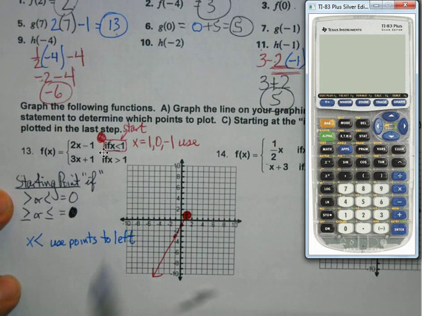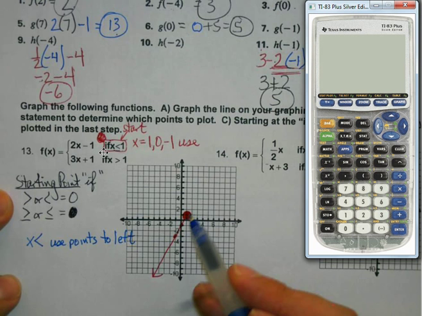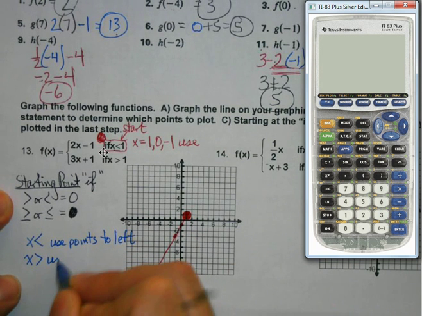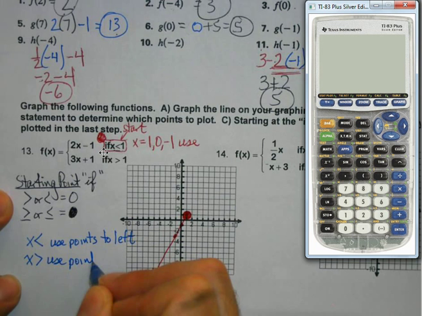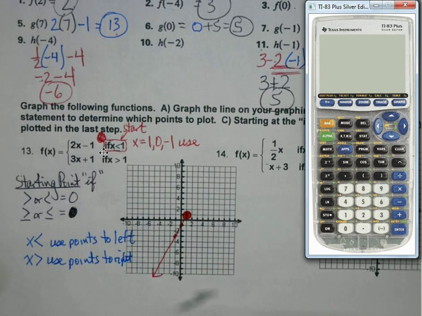So notice here, we had x is less than 1, and the points I connected went to the left. If I have greater than, I use points to the right. I'll never have my arrows going the same direction, because then I'm not paying attention to the inequality part. But again, it's going to take a little bit of practice.